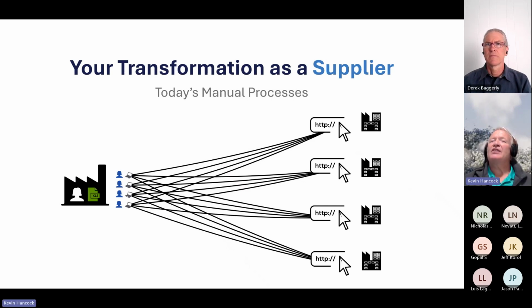So you're going into those supply chain portals, you or your other procurement groups or buyers in your organization. They're going in to pick up orders. They're going in there to update promise dates.